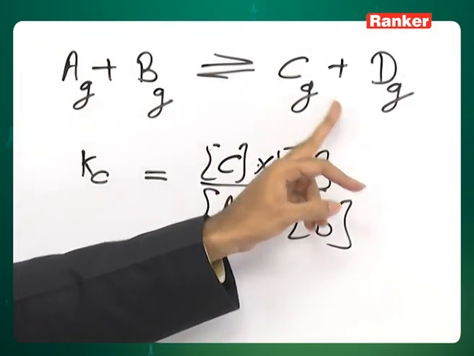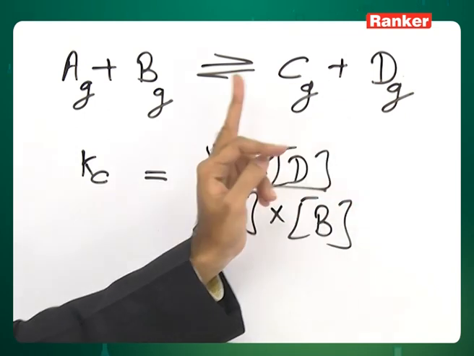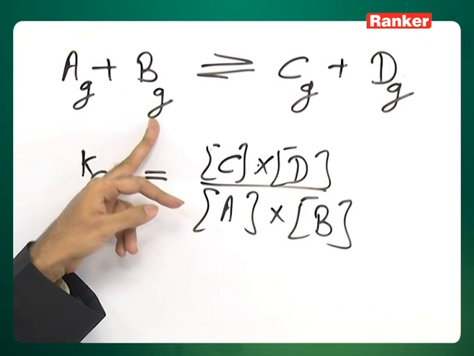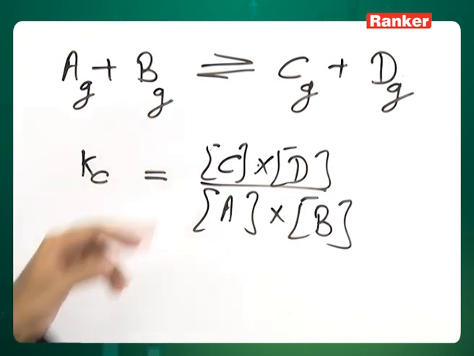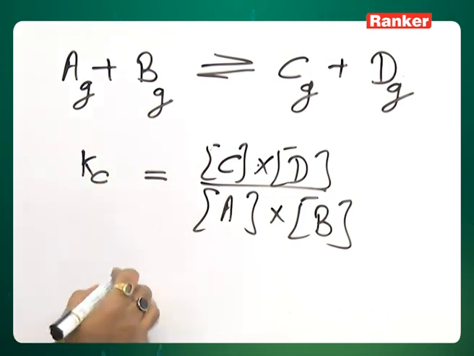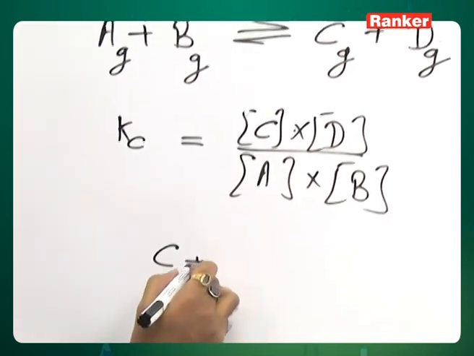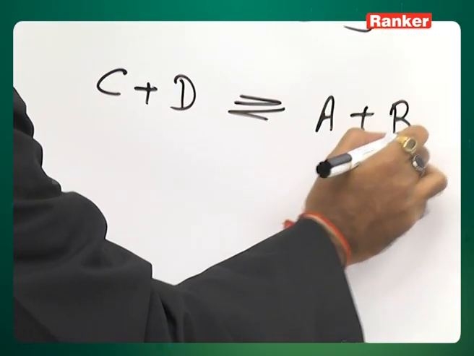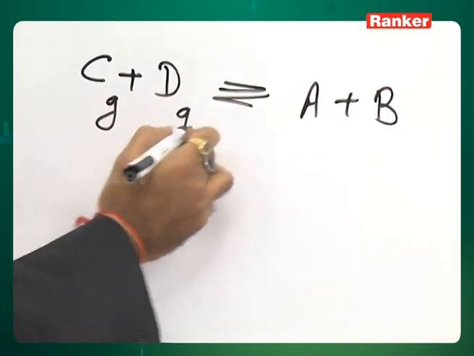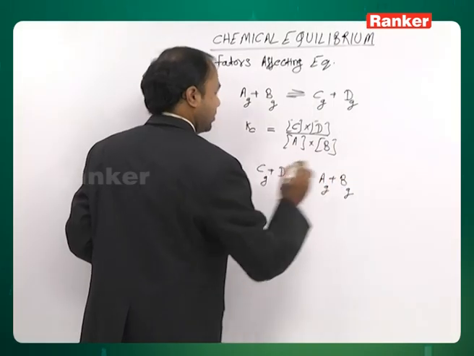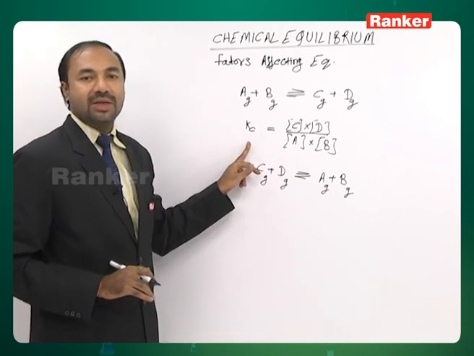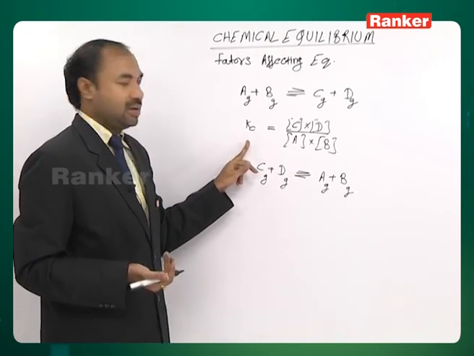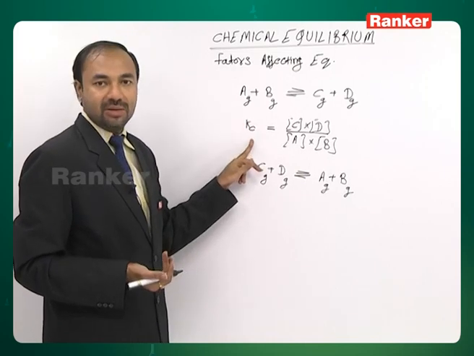If the same equilibrium expression is written in reverse, we assume C and D are behaving as reactants and A and B are behaving as products. So, if the equilibrium expression is reversed, C plus D in equilibrium with A plus B, all gases, the new equilibrium constant, you can call that Kc dash, will be 1 by Kc. How?